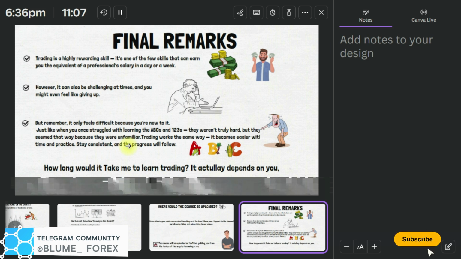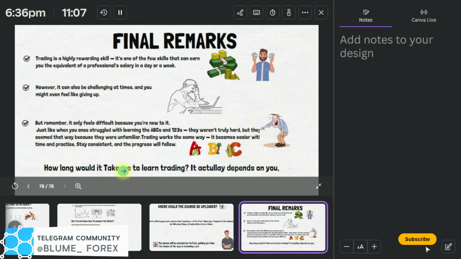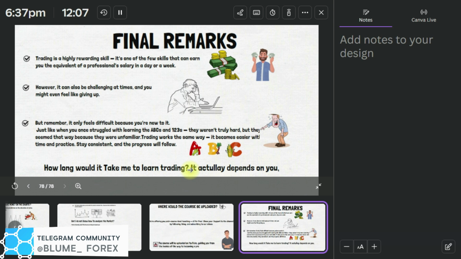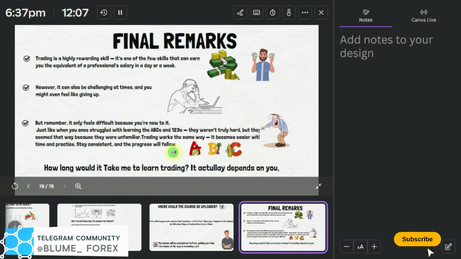Once you start learning, I'm not going to tell you that you have it easy, just understand the concept. It depends, right? How long will it take me to learn trading? It actually depends on you, on how your brain is wired. First of all, it's not difficult, but you need to be serious and stay consistent. There are people who just start and from the onset grasp every concept quickly.